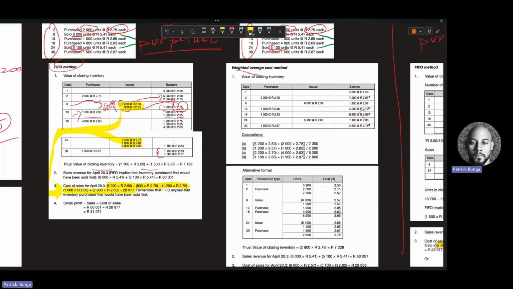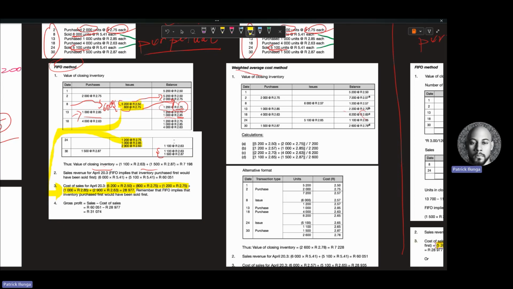In order for us to find the cost of sales, like I said, you need to look at when the sales happened. The first sale was for 6,000 units. And we know how we split those sales. We split it into 5,200 units and 800 units that had to come from the 2,000 units purchased on the second.